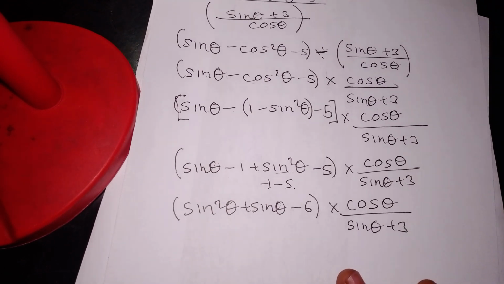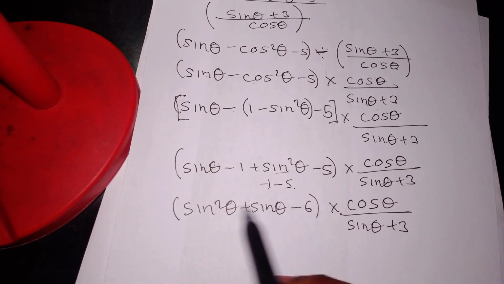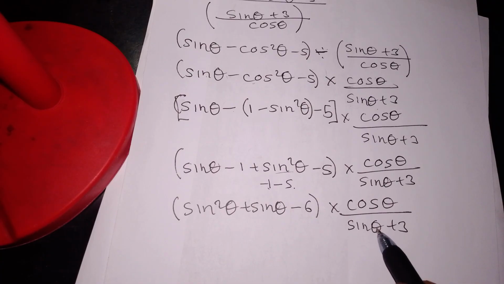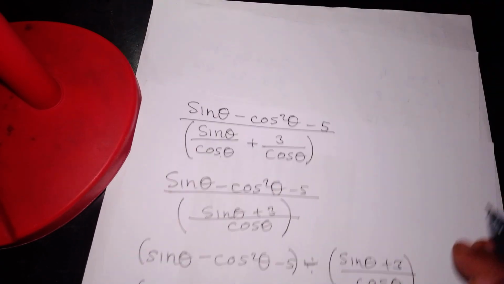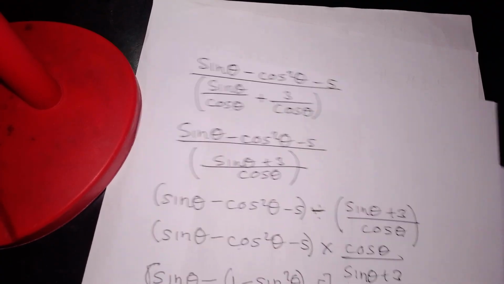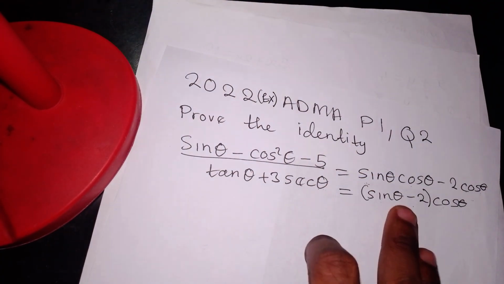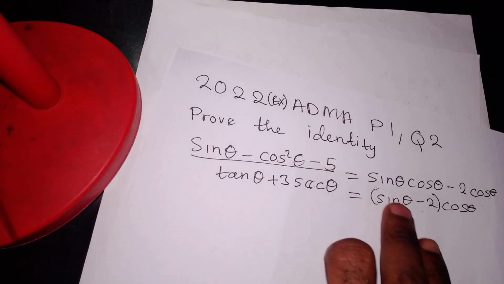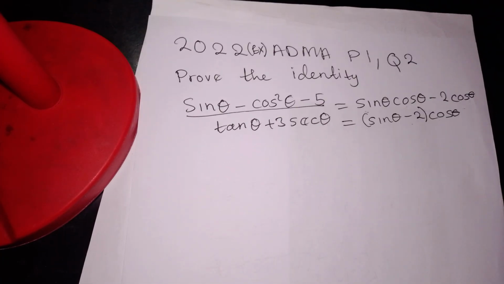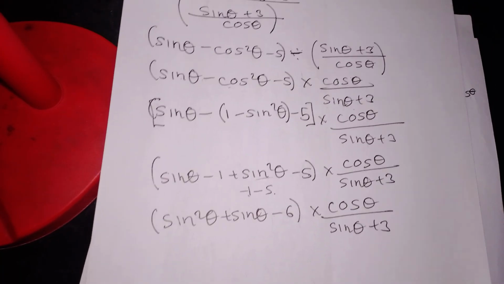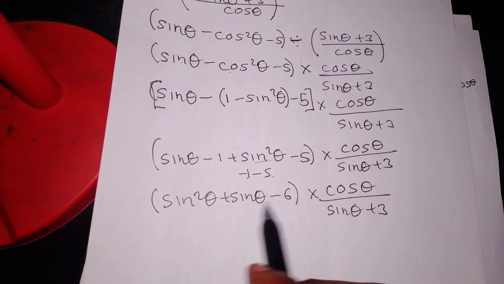And then now I can factorize this so that I can get something which will cancel out with this, and then another thing which will give me something like this. Remember, this side, when you factor out the cosine, you should have this. So the only way you can do that is by factorizing this quadratic expression this side.